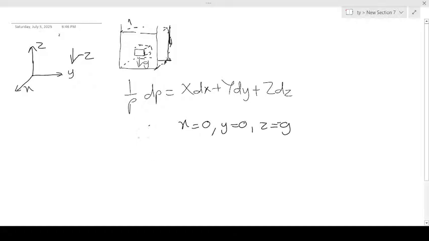So now if we want to rewrite this differential formula, it is going to be as follows: minus g dz, right? And we can continue in this line and have rho g dz.